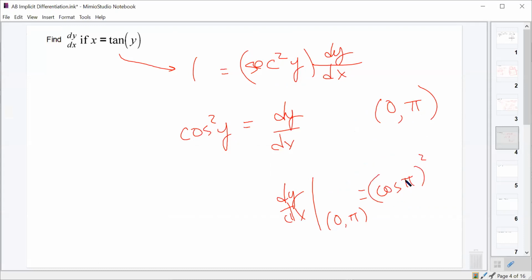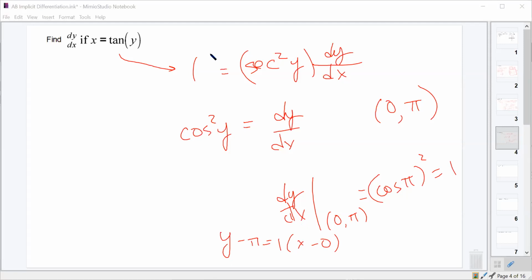What's the cosine of pi? Negative 1, so we square that, which gives us 1. And so we know that the equation of the line tangent here should be y minus pi equals 1 times x minus 0, or y minus pi equals x.